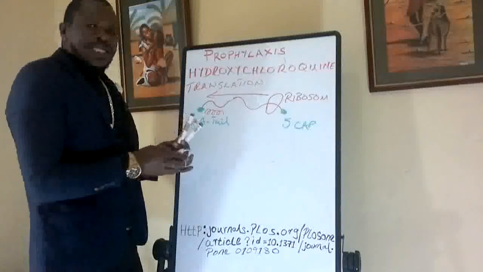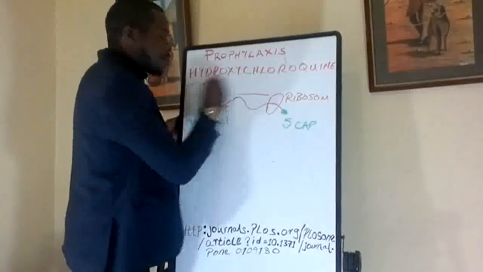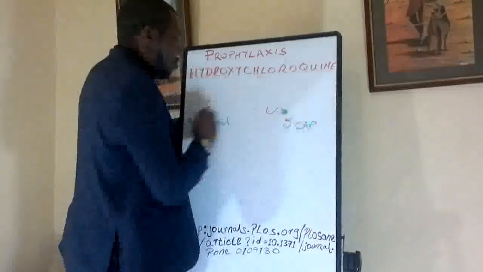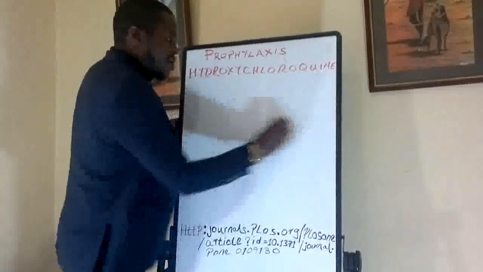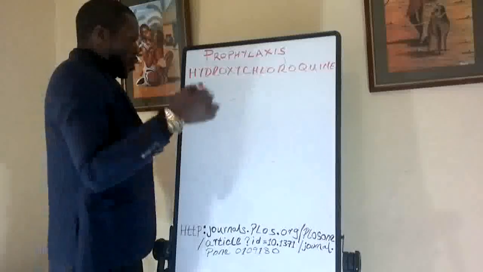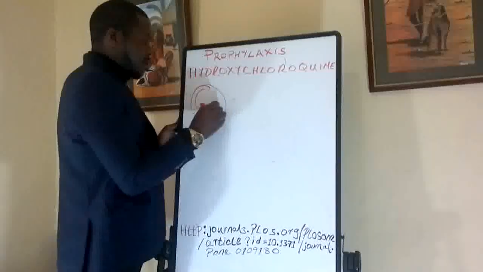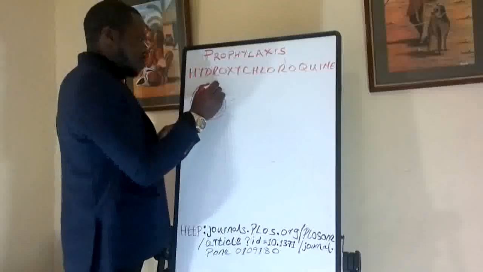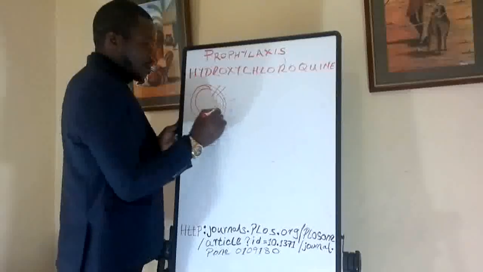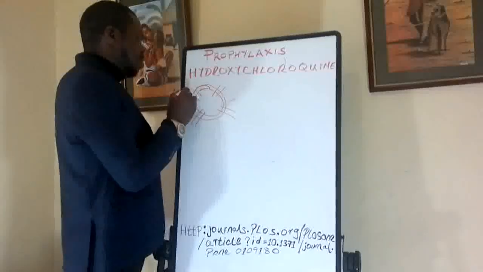Now, what happens when a virus attacks a cell? So I'm going to give you a diagram of a virus and a cell and what happens. So this has COVID-19, and it has numerous proteins.